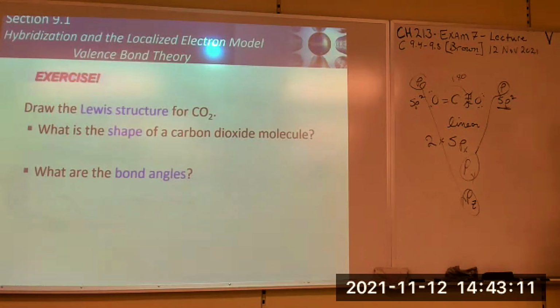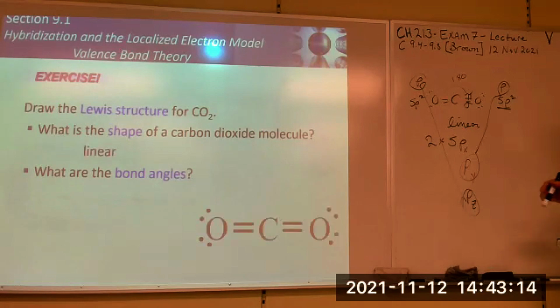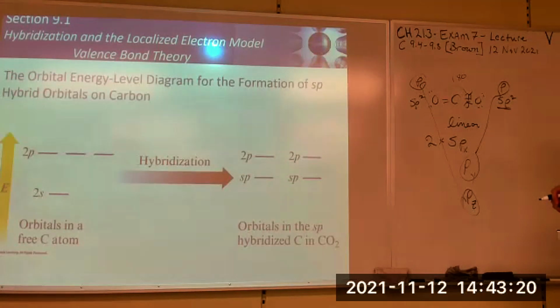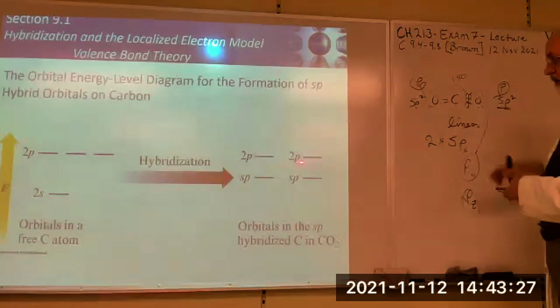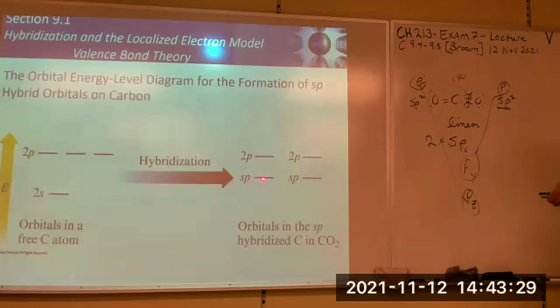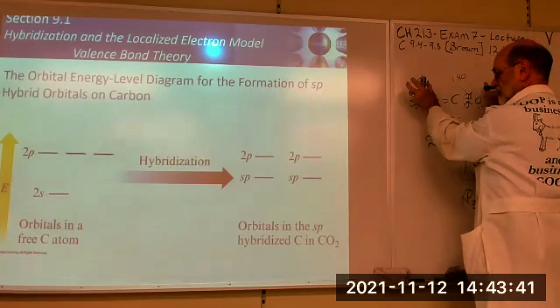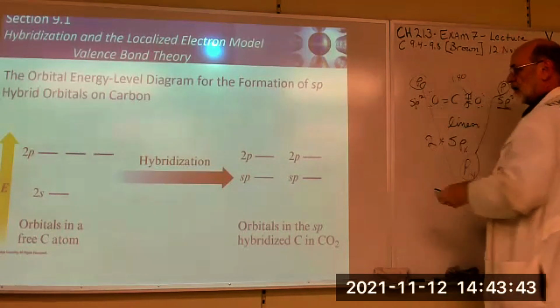Okay. Let's see if the slide explains it any better. Well, it sort of gives you an energy idea. Here are your two unused p orbitals for carbon, and here are the two hybridized orbitals. One used on that side, one used on that side. And then these two are used with the pi bond for one oxygen and the other oxygen.